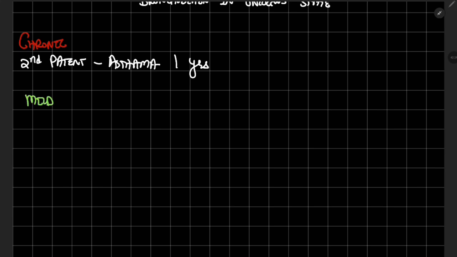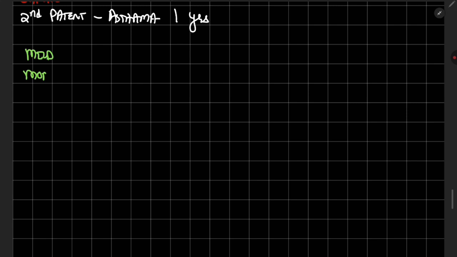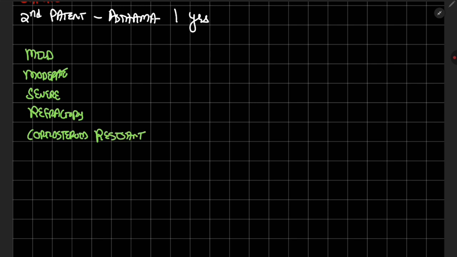We have mild, moderate, severe, refractory, and corticosteroid resistant stages. These are the various stages under chronic stage.